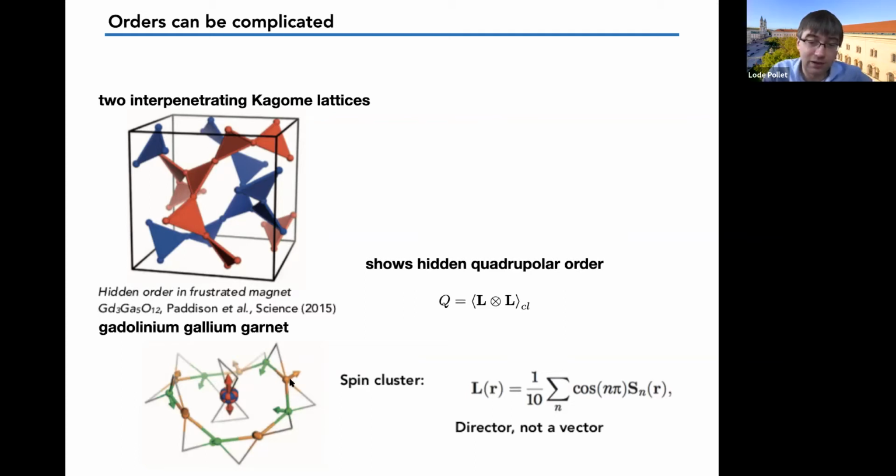In other words, there is a director field that defines the planar orientation of these spins. So you can write this vector L as a sum over these 10 spins, and the order that you see will be quadrupolar. It is the tensor product of L with itself that will pick up the order. This is hard to find, and these are the kind of things that we would like to automate.